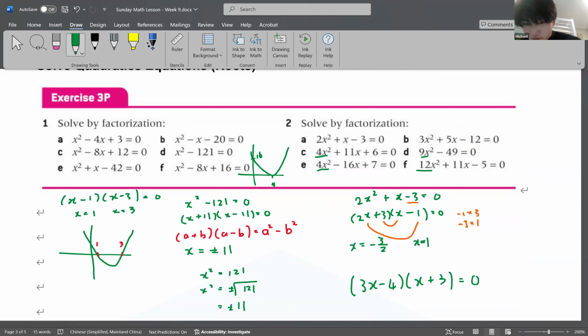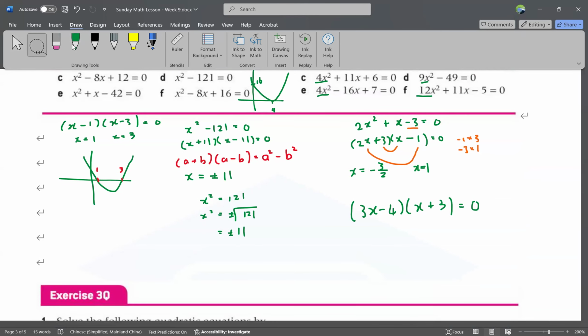All right, let me check if it's correct. 3x is fine, minus 12 is fine, 3 times 3, that's plus 9 minus 4. Okay, that is correct. What did you get for the roots? x equals negative 4 over 3 and x equals negative 3. Okay, that's correct. Nice, good job.